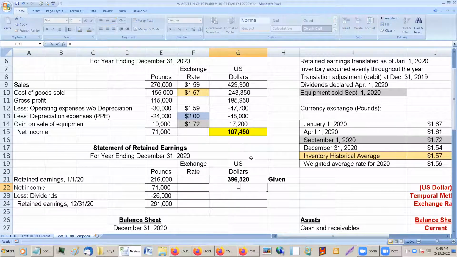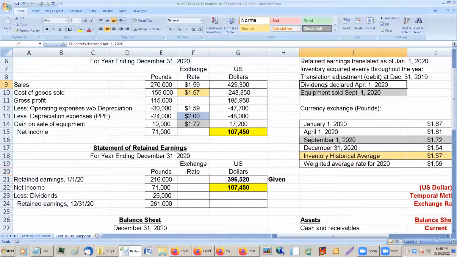Net income, we already calculated. Dividends, we're at the same time.